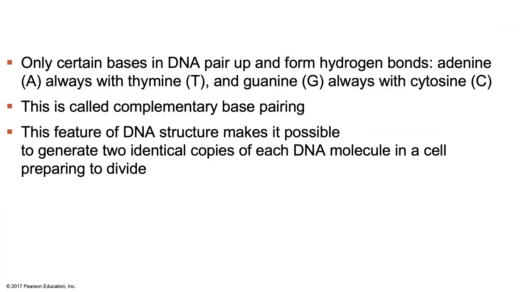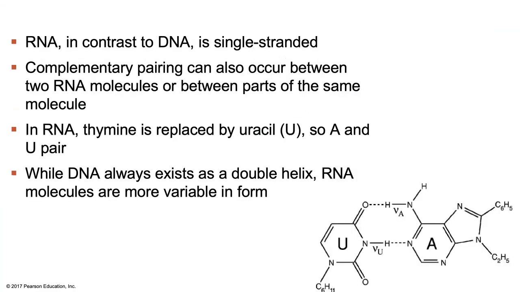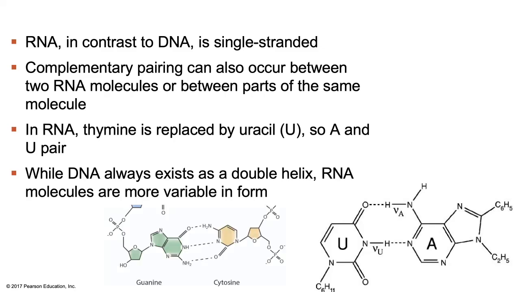In RNA, T is replaced by U. So U is going to be pairing with A. And C still pairs with G here. This complementary base pairing is what makes it possible to generate 2 identical copies of each DNA molecule when our cells go through cellular division. And we'll learn about that in Chapter 12 and 13.